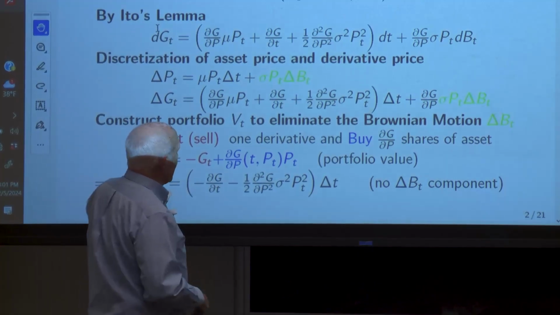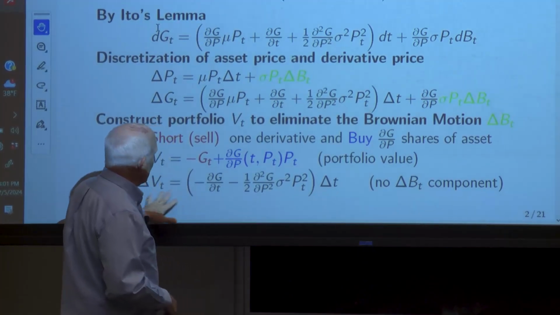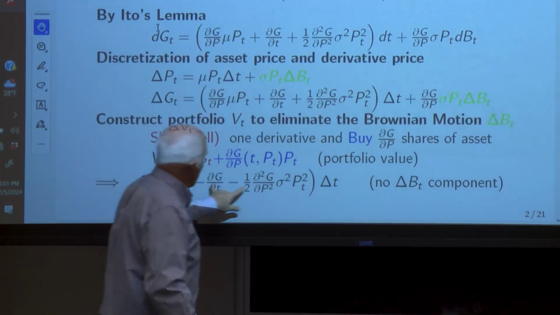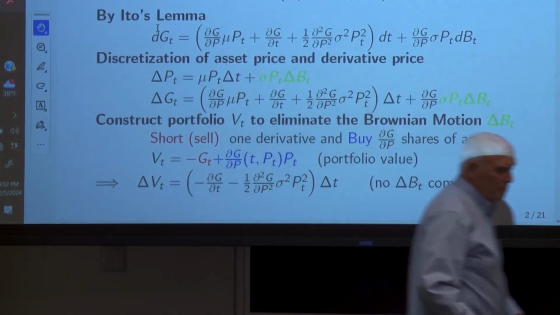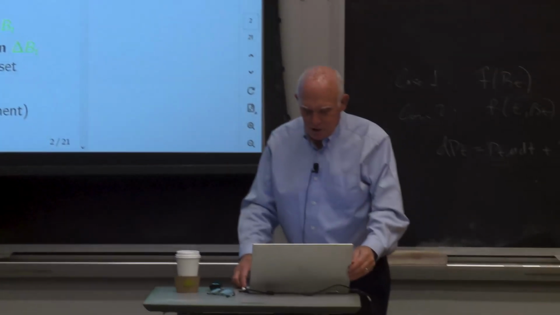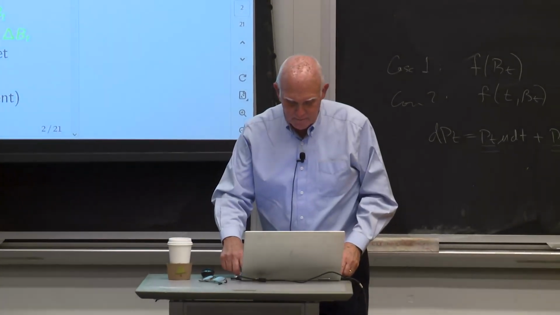So we end up getting a portfolio whose change in value depends just on this bracketed term here with no Brownian motion increment involved.